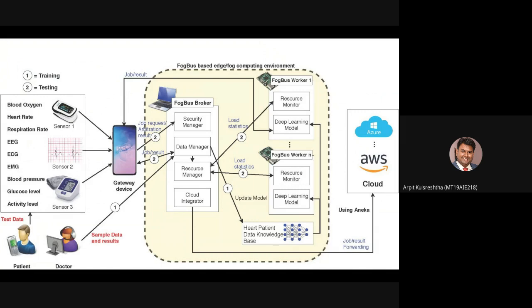As soon as the phone app gets the data, it is checked against the data model which is already trained in the Fogbus broker, which is part of this mobile app gateway device.